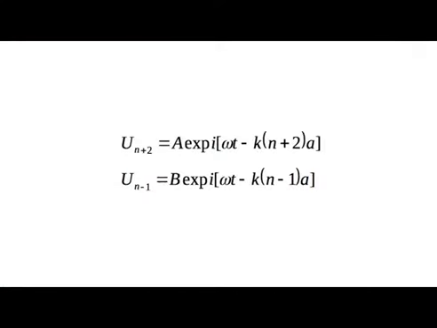And therefore, similarly, you can always assume the other displacements also. UN plus 2 equal to A exponential i omega t minus k n plus 2 a, UN minus 1 equal to B exponential i omega t minus k n minus 1 a, and so on and so forth.